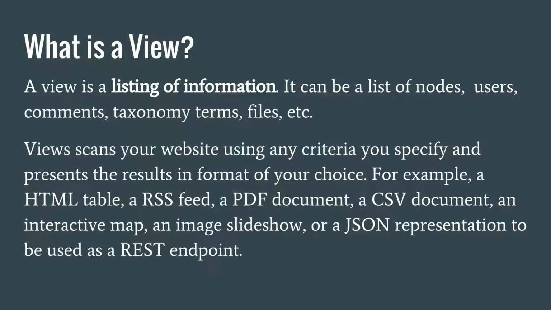And once you have defined the information that you're going to present, you can choose how you're going to present it. For example, you can present an HTML table, or using a view, you can create a PDF document, or an Excel document, or a CSV, or a map, or a JSON file. Views allow you to collect information using different criteria and present it in different ways.